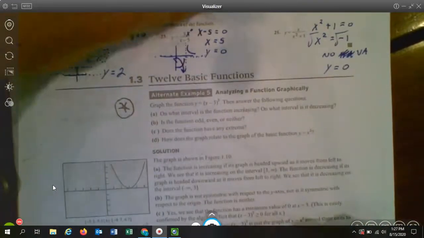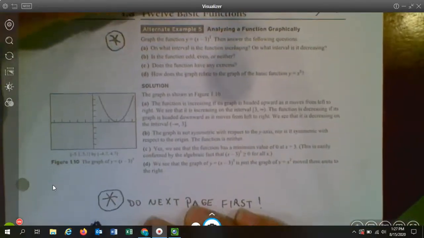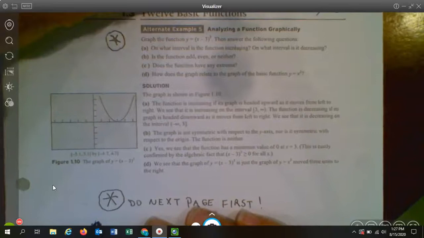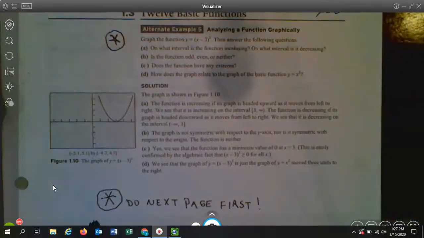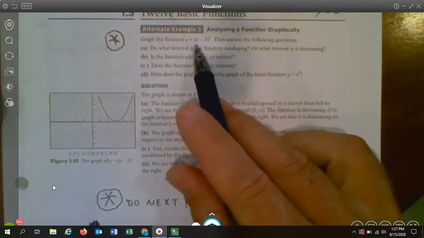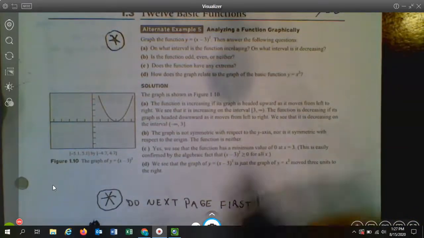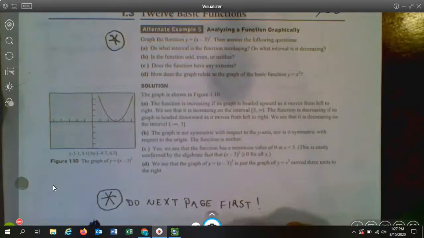So let me jump to a couple examples. You learned in Algebra 2 about transformation rules like shifting left or right, doing some reflections, things like that. I'm going to remind you of a few of those rules here. If you look at the graph of (x - 3) squared, here's what it looks like, but we know where that comes from.